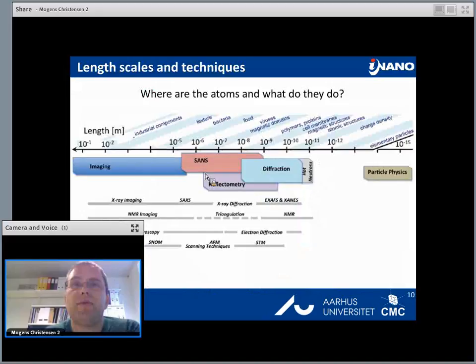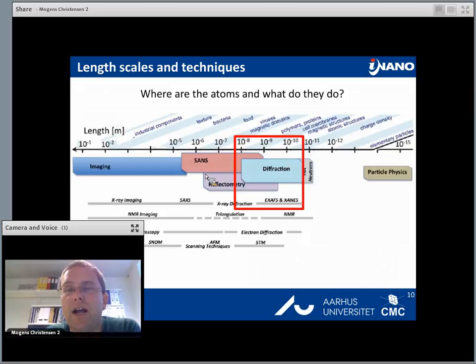Now, if we want to look at where the atoms are and what they do, we can use X-rays and neutron scattering. So basically the region we want to look at is from something like 10 to the minus 8 to 10 to the minus 10 meters. This is where we have our atomic structure. And here you basically see various methods that you can use to investigate this region of space.